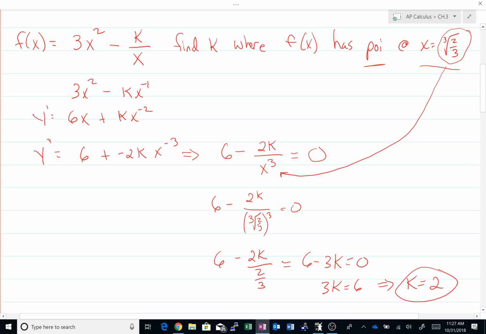So not very difficult, you just had to think through a little bit of algebra process and the definition of what a POI is. How did we find POIs? Second derivative. Okay? And again, everybody knows how to find a POI. We've been doing that. But I guarantee you, the AP exam will not simply ask you to find the POIs.